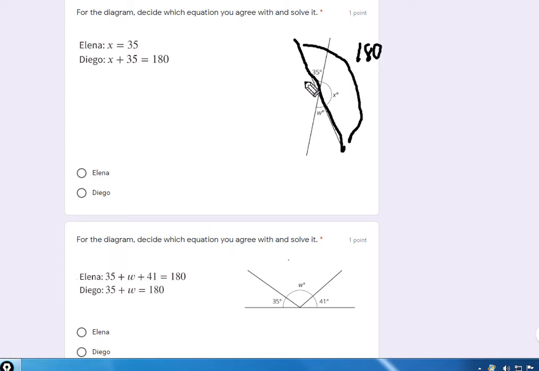So I do know that this plus 35 is going to equal 180. So we're going to go with Diego on this. She says that x equals 35. Well, 35 plus 35 does not equal 180. So we would say no and yes.